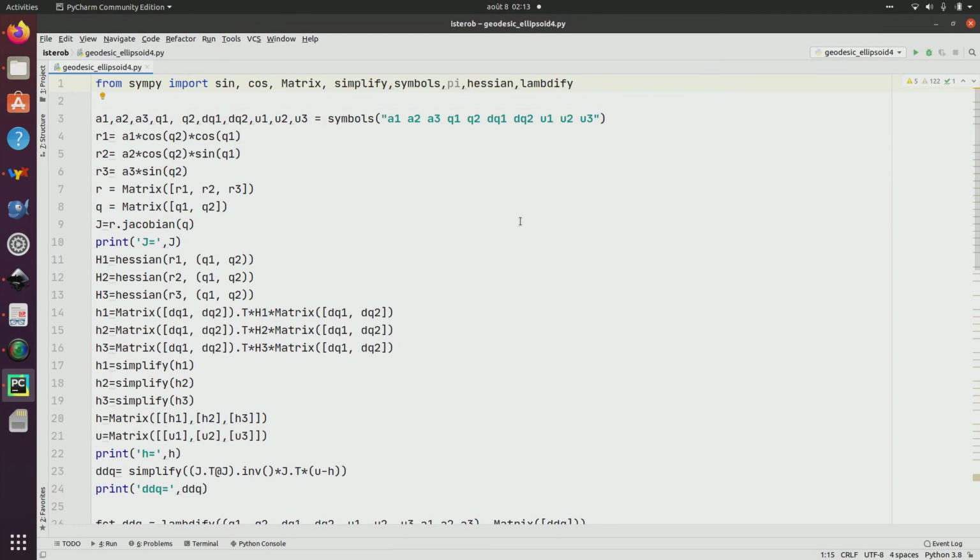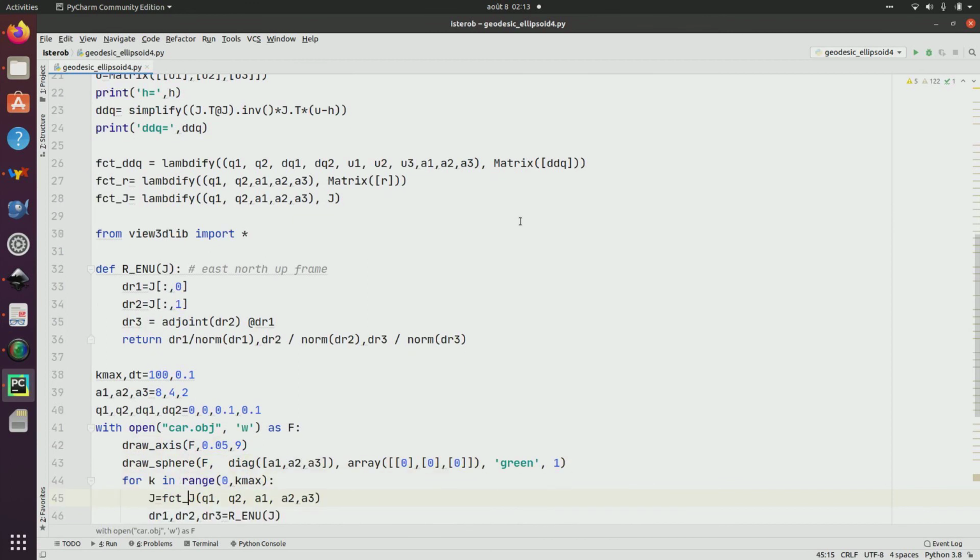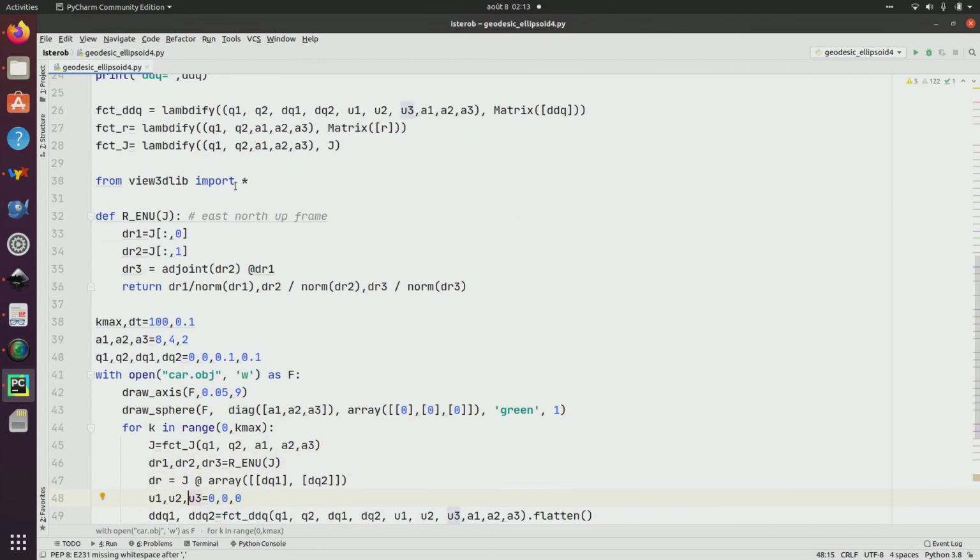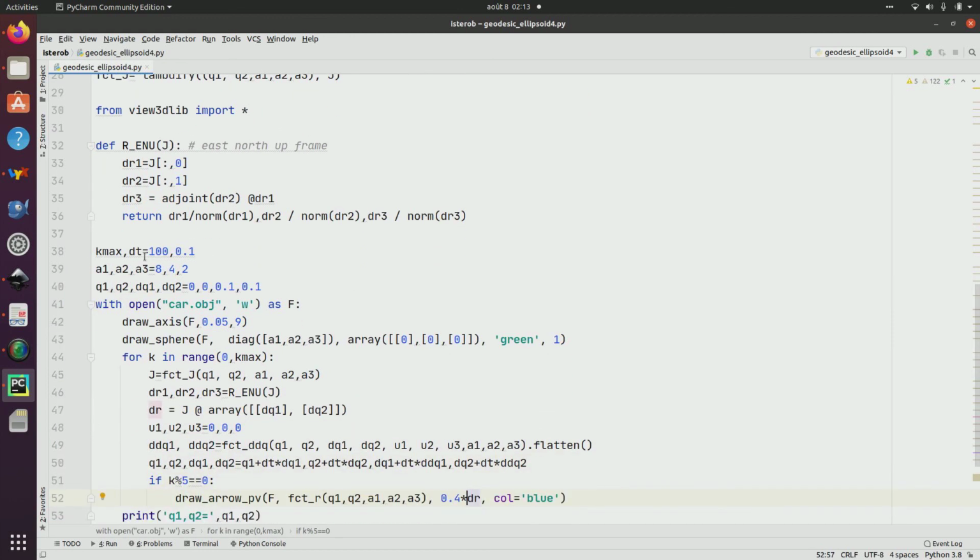I propose the following program. I have already explained the symbolic part. I will lambdify the function I need. I will define here the east-north-up frame, principally for the drawing. I will integrate up to 10 seconds, as explained here. The initial condition is taken as 0, 0 for q.